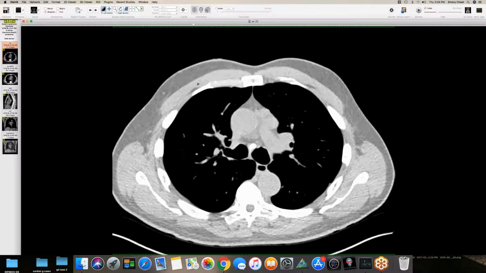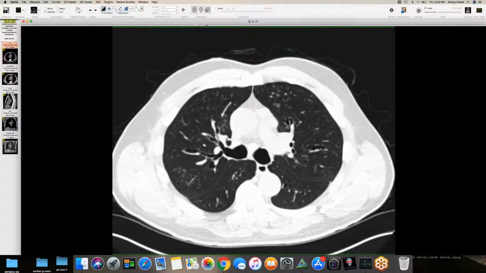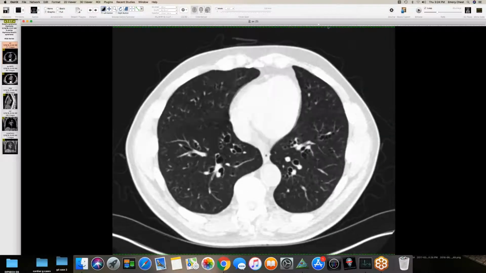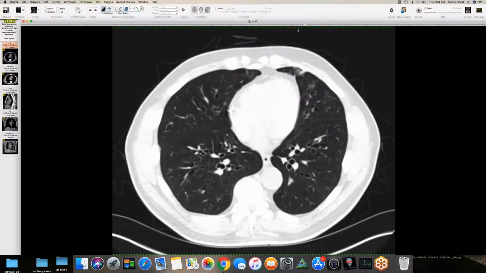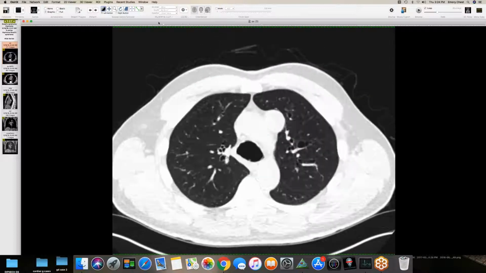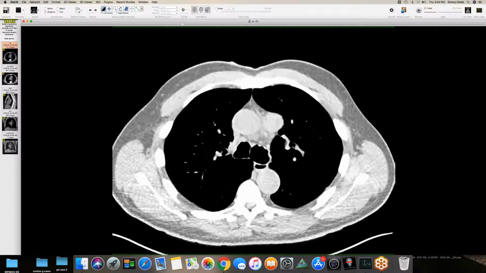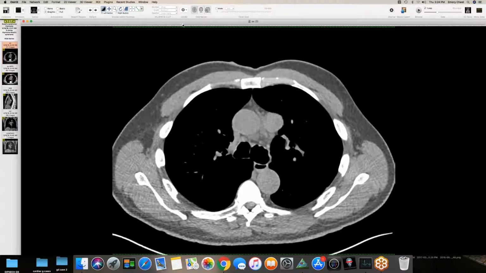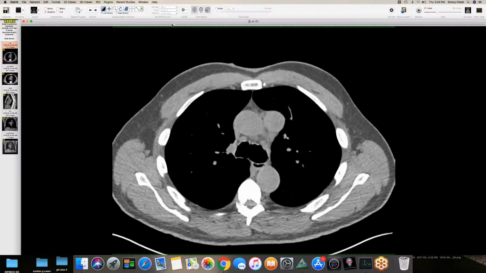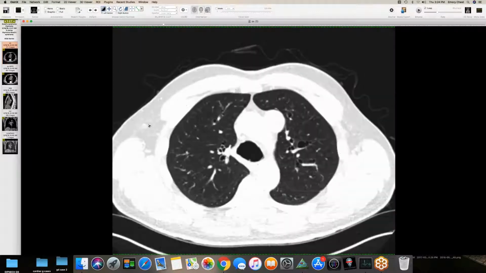So this patient had a history of recurrent infections, and the immunoglobulins were low. I can't remember exactly what the immunoglobulin profile was in this patient, but this mass was resected, and of course this is a thymoma. So this was a case where we might have thought, well, could this be Mounier-Kuhn even?